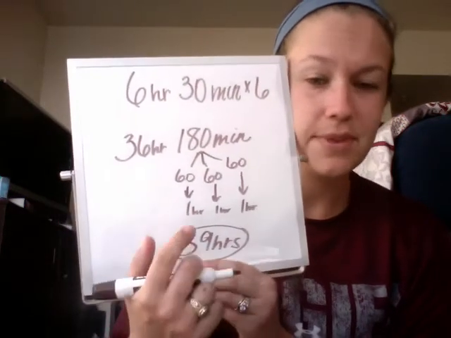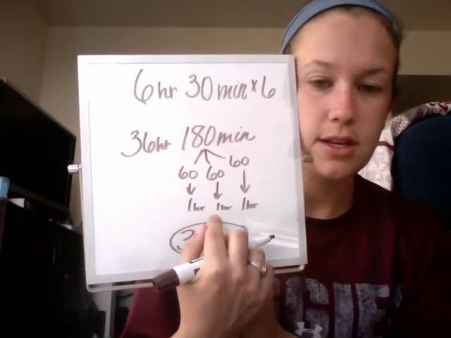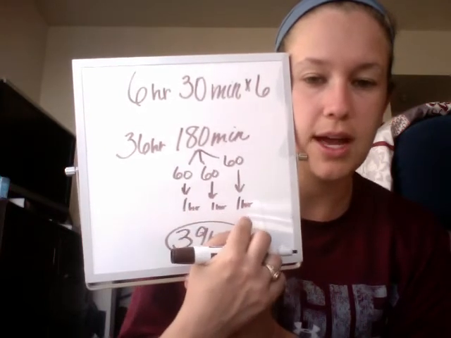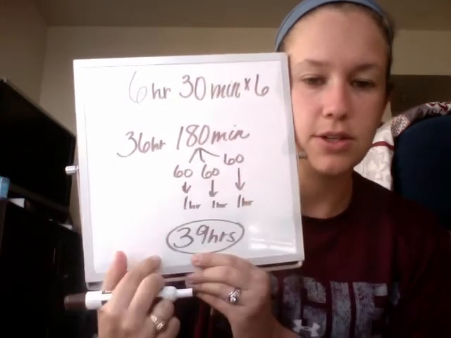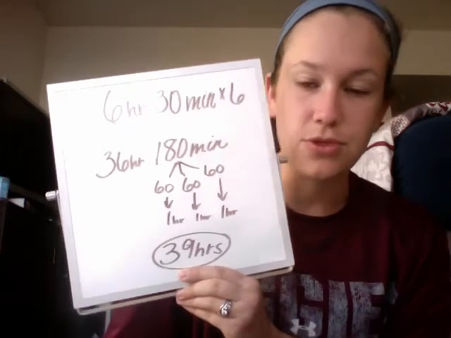So that gave me 3 new hours. So I added 1 hour, 2 hours, 3 hours, plus 36 hours I already had. My answer came out to be 39 hours. Hopefully that wasn't too tricky.